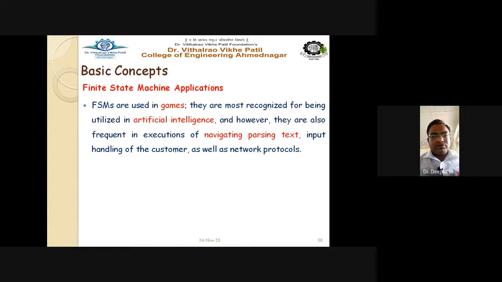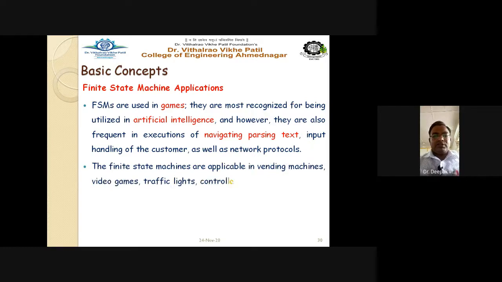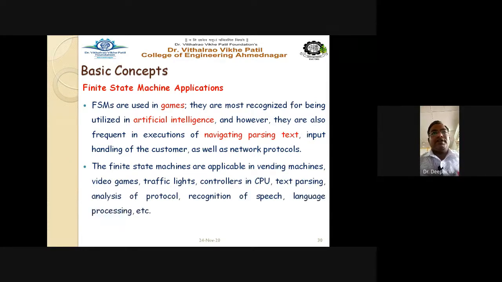The machine functions are different. In the basic machine, input I gives you the output, whereas in the finite state machine, input I and state give you the next state as well as the output. The processing power of the finite state machine is more than that of the basic machine. We are comparing the basic machine and the finite state machine.